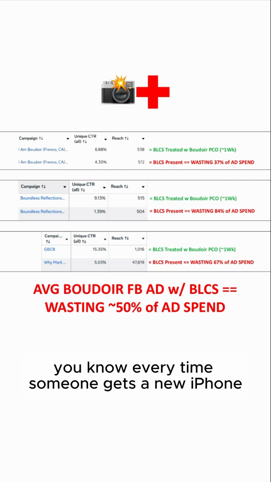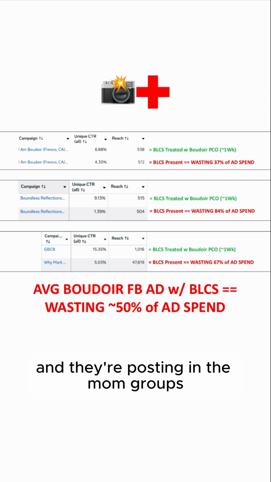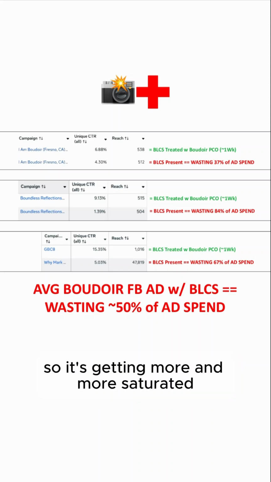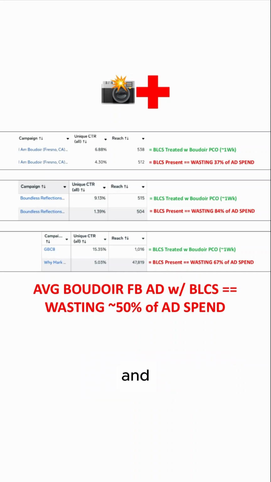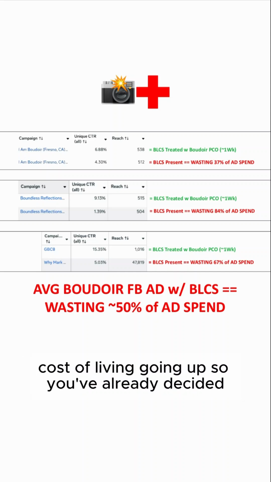Every time someone gets a new iPhone, they're throwing up a Google My Business profile saying they do boudoir shoots now, or they get a new camera and they're posting in the mom groups saying they do boudoir shoots now. So it's getting more and more saturated, and you're also seeing inflation going up, cost of living going up.